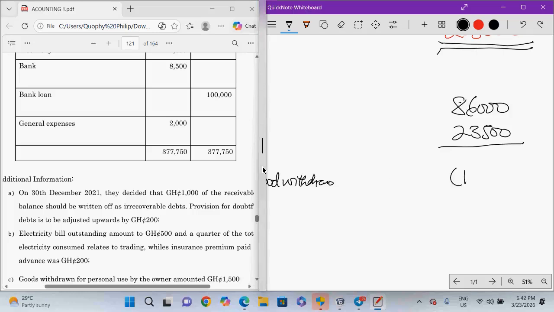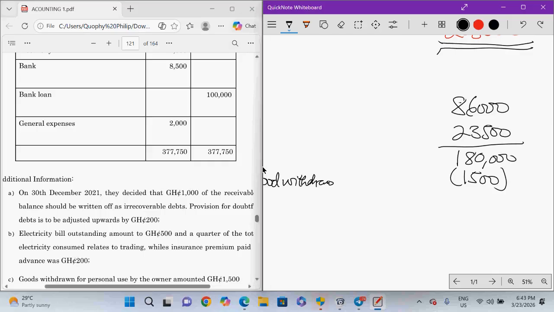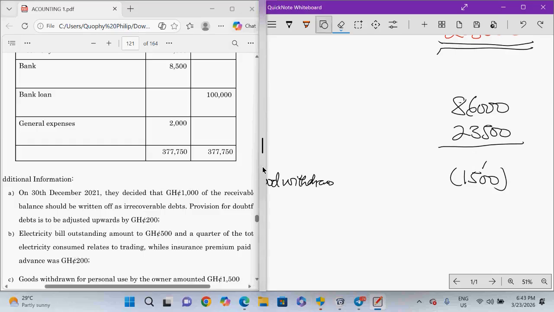Give me the total for this. For the first two, it is 109,500.